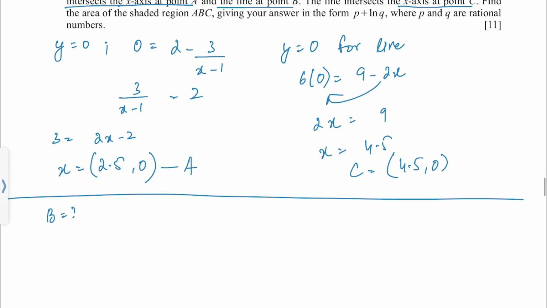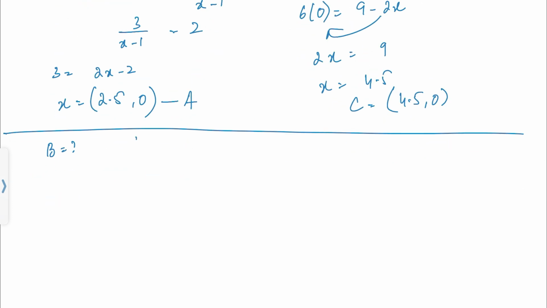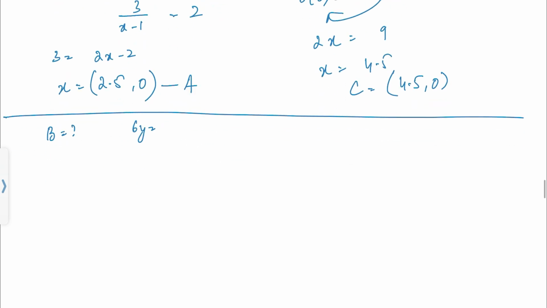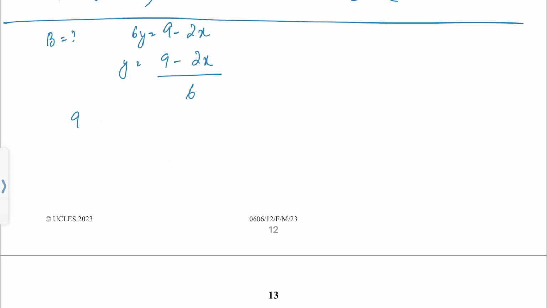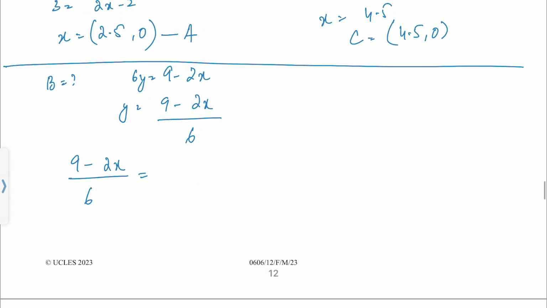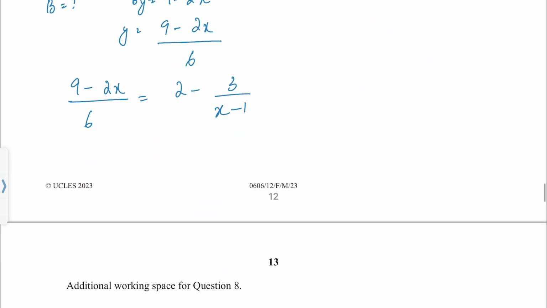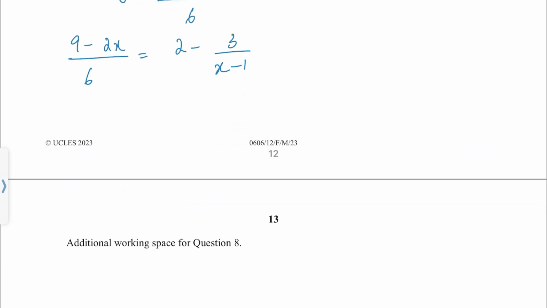So for B, we'll be substituting this y into this. This equation is given as 6y equals 9 minus 2x. Y would be 9 minus 2x over 6. So 9 minus 2x over 6 is equal to 2 minus 3 over x minus 1. So this would be our B, and we'll be solving this equation.